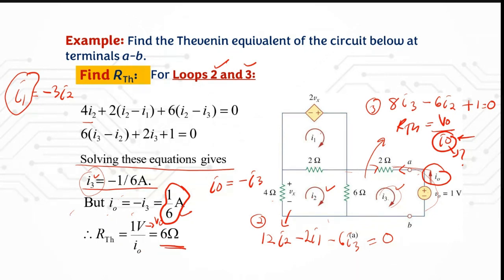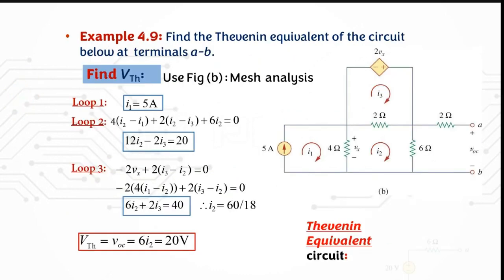And then after that, you already have the RTH, which is equal to 6 ohm. Now we can calculate the VTH, the Thevenin voltage, which for this one as well uses mesh analysis.